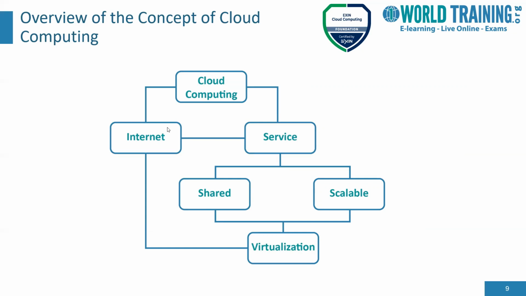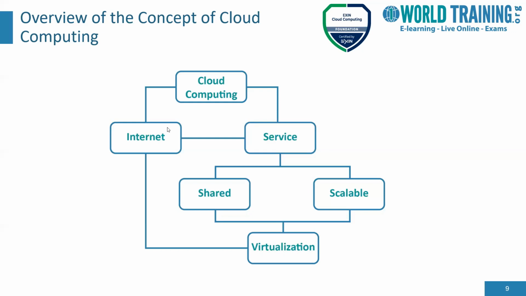From 2000 onwards, as things were virtualized, cloud computing can be defined as a way of accessing the resources of your infrastructure with the help of the internet. It's a way of getting shared services which can be scalable, and these services have to be accessed through the internet.